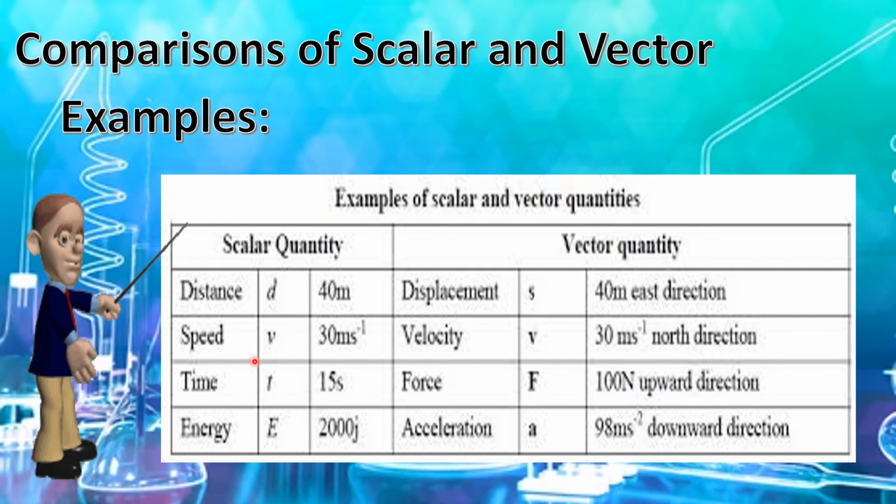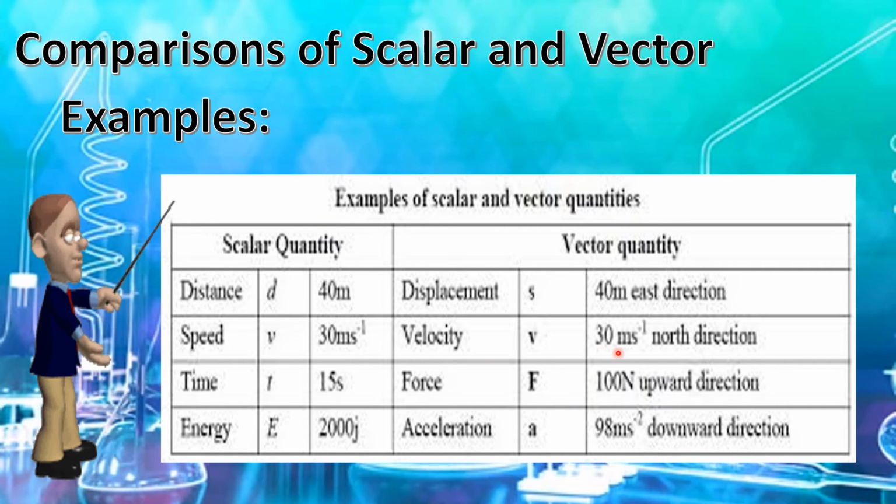Next will be your speed. So speed, 30 meters per second. So 30 meters per second is an example of a scalar quantity, because 30 meters per second is only a size or a magnitude. Whereas for vector quantity, the example is velocity.